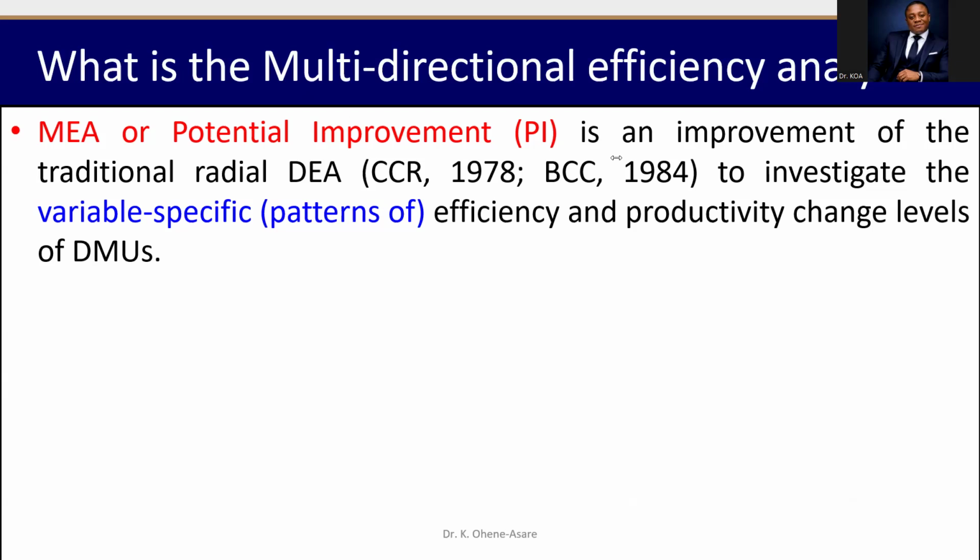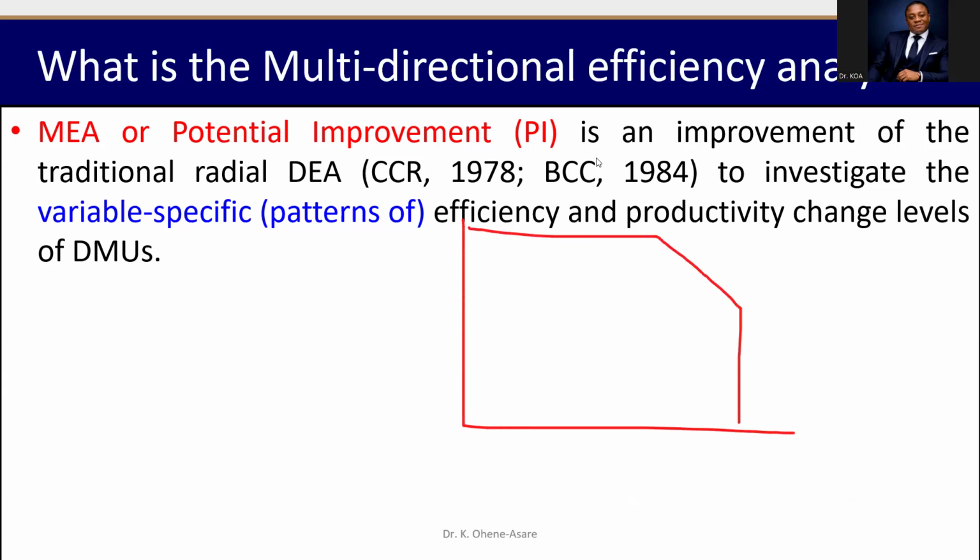How we arrive at the frontier is important. So if you have a frontier like this, and then you have a particular unit here, obviously there's going to be Y1 and Y2 for this. Now, this unit can get to the frontier in this format, or in that format, or in that format.